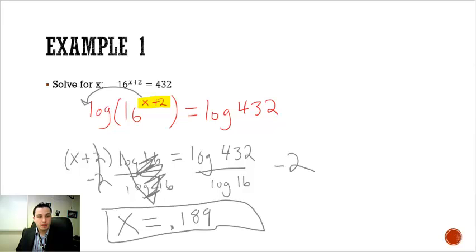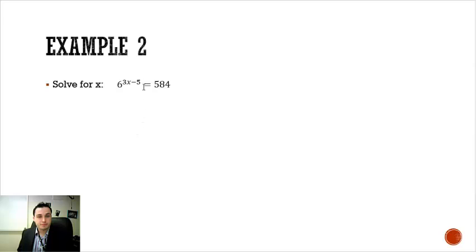Okay. Next example. Not too far off from what we did a second ago. Again, take the log of both sides. So log of 6 to the 3x minus 5 equals log of 584.